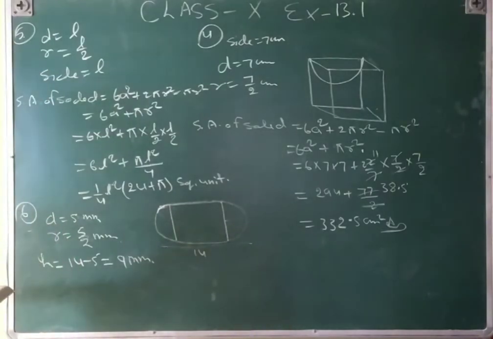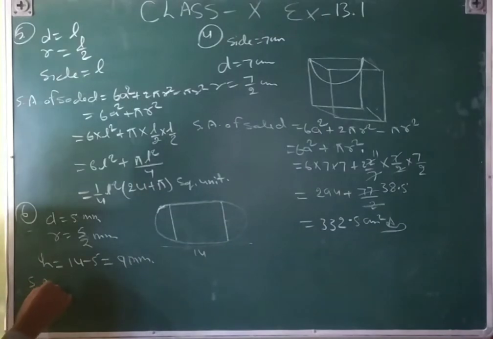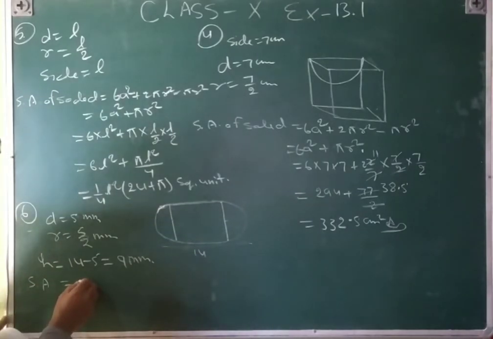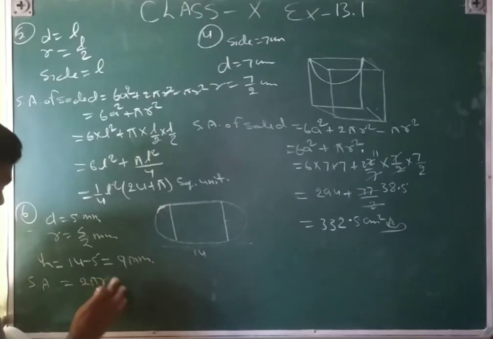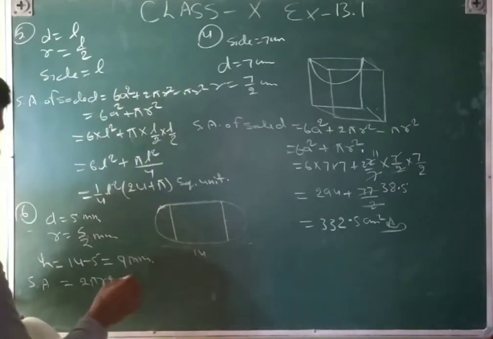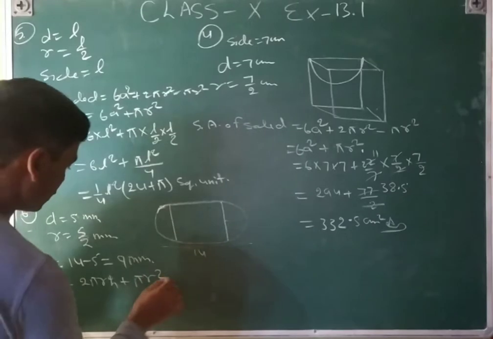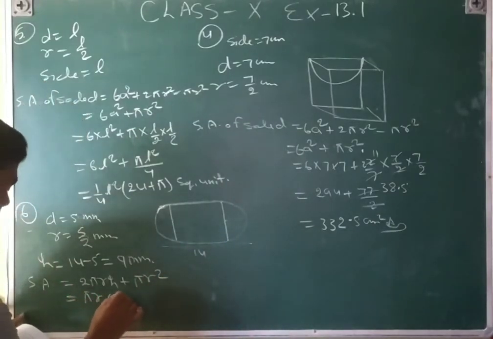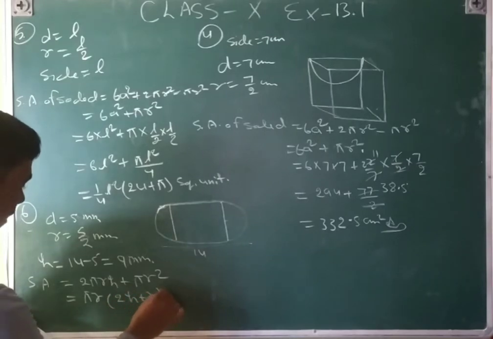Now find the surface area. So surface area is equal to the cylinder, 2 pi r h, plus 2 hemispheres, which means 1 sphere, 4 pi r square. So pi r is common, so 2h plus r is left.